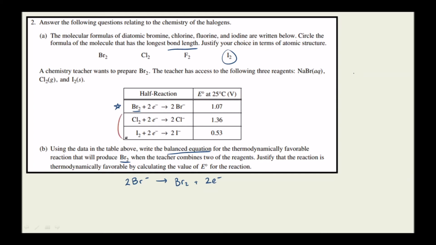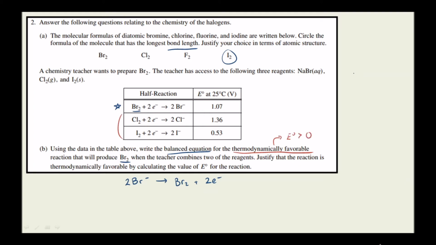And if we look at these next 2 half reactions, it looks like either of them could be used to cancel out the 2 electrons and produce Br2. The important part is that we need a thermodynamically favorable reaction. And thermodynamically favorable means that E0 will be greater than 0.